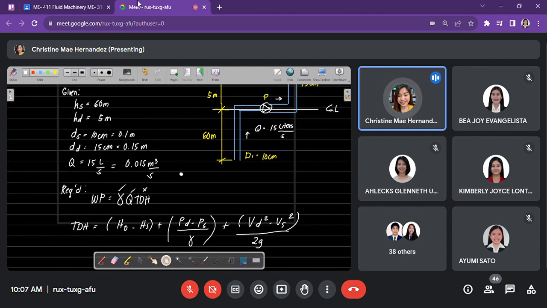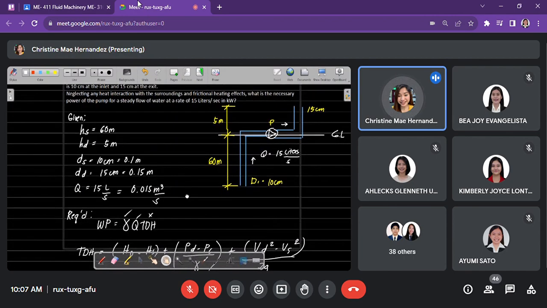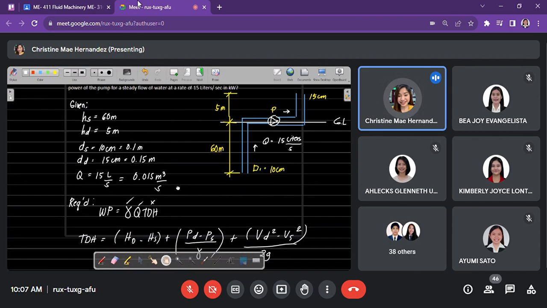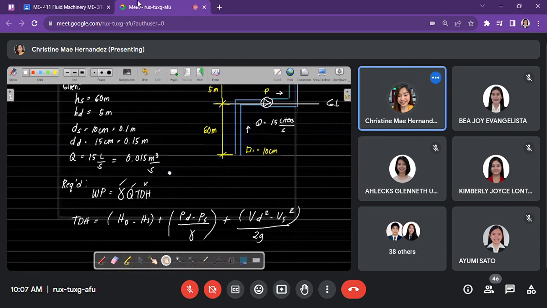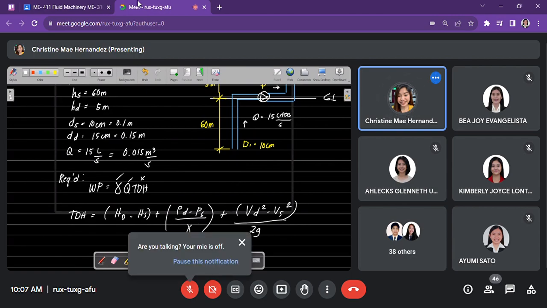So, hindi na natin isasama yung ating frictional losses. Pero kung wala to, neglecting any heat interaction with the surroundings, so isasama nyo siya. So, since naka-indicate naman dito sa problem na ina-neglect natin, so hindi na naman natin siya isasama. So, ito yung total dynamic head, where elevation head plus the pressure head plus the velocity head.